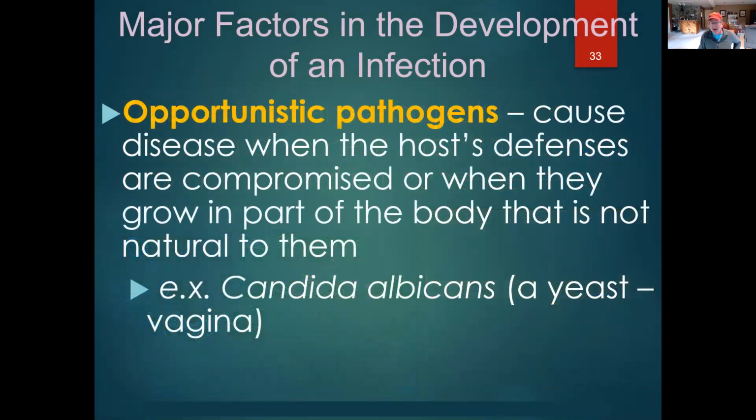As opposed to an opportunistic pathogen, which I think you already have a sense of. This is another microbe that is taking advantage of a compromised immune system of the host and growing in a situation where ordinarily they wouldn't have the ability to cause problems.